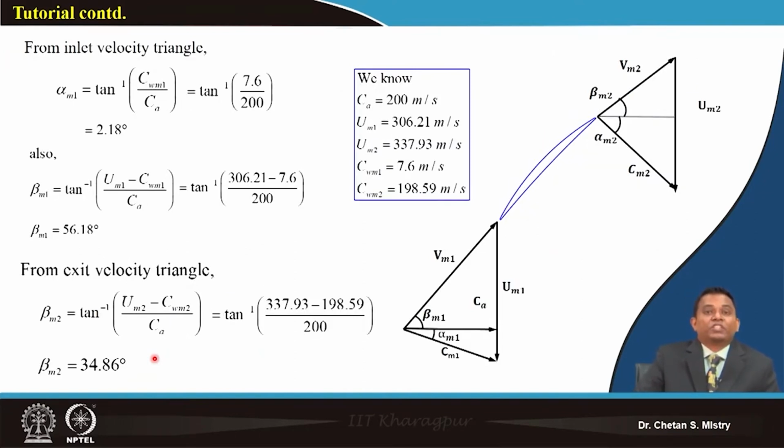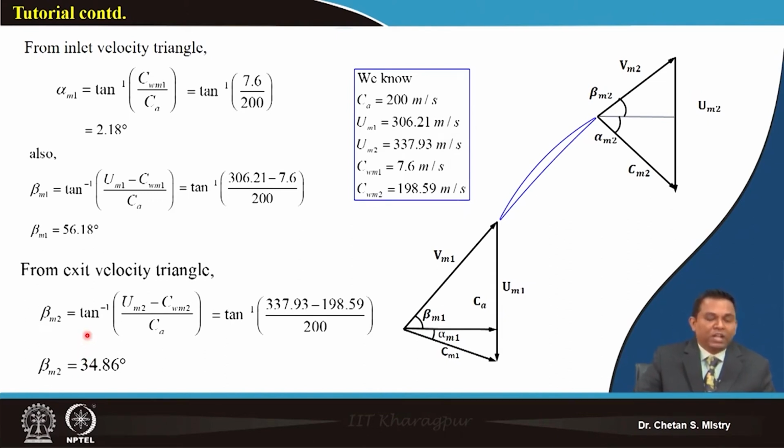Now once at the mid station we know our whirl component at the entry and exit, we can make our velocity triangle, and from that velocity triangle we can calculate our flow angle at the entry, which is coming 2.18. My beta 1 angle is coming 56.18, and my beta 2 angle is coming 34.86.